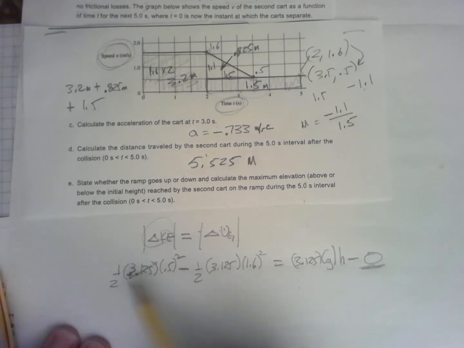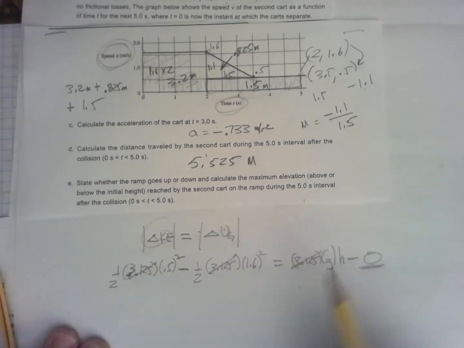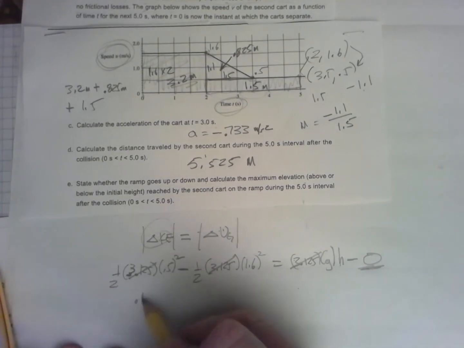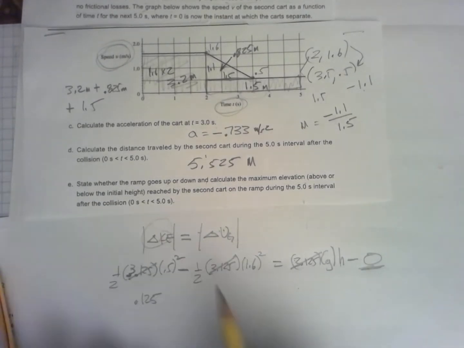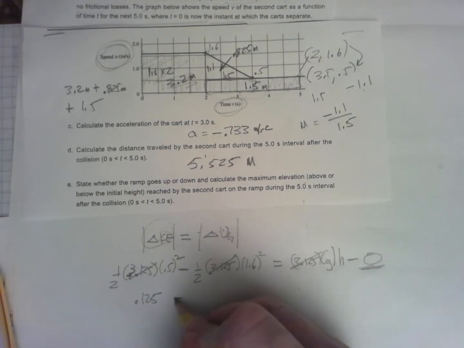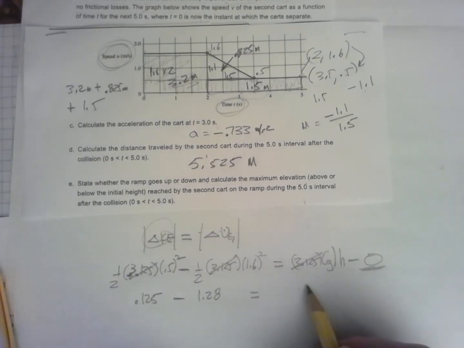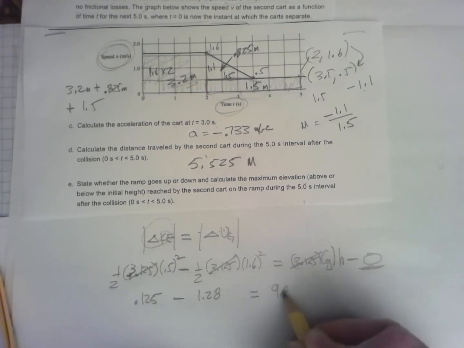The 3.125s are going to go away. So I have 0.5 times 0.5 squared. That's 0.125. And then I have 0.5 times 1.6 squared. That's 1.28. And here I have mgh, so we'll be official, 9.8 times h.